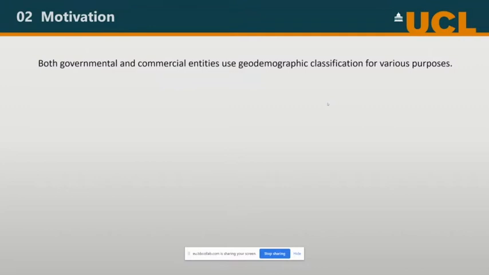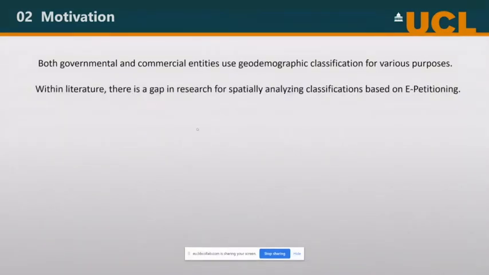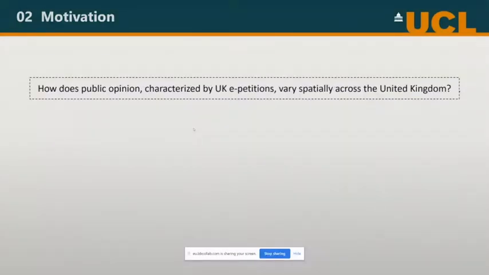I thought it would be interesting to see how Brexit is thought about, using the petitions as a guide to public opinion about Brexit, alongside other topics. Also there was a gap for this sort of research in terms of looking at spatial analysis of e-petitioning, where particular people are petitioning for different things and hoping to get some sort of result.